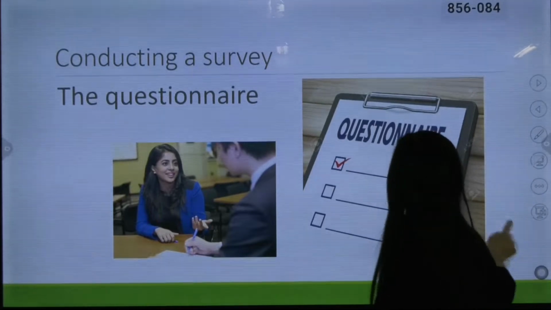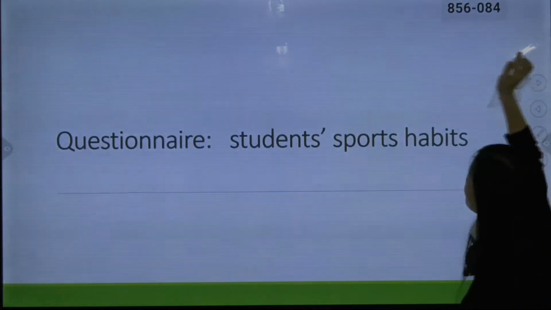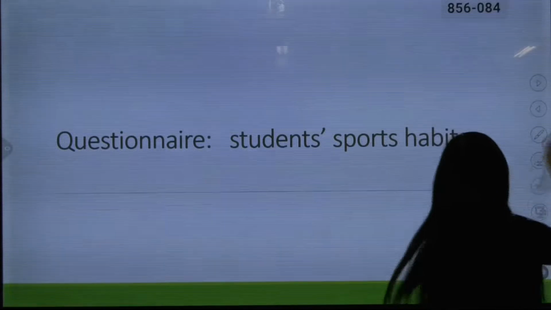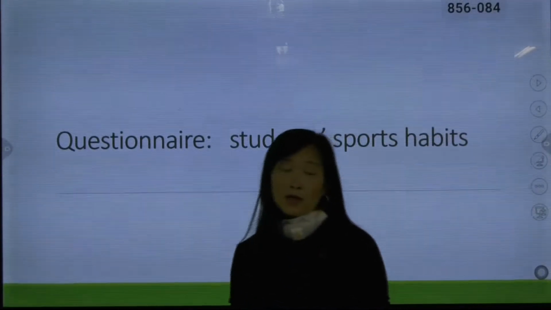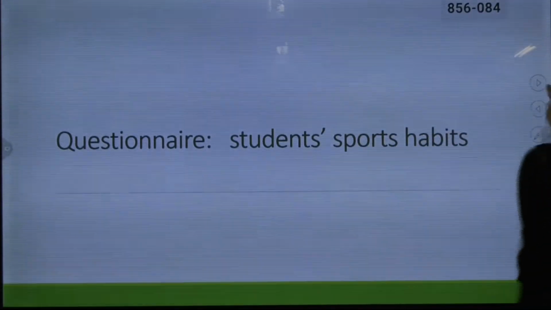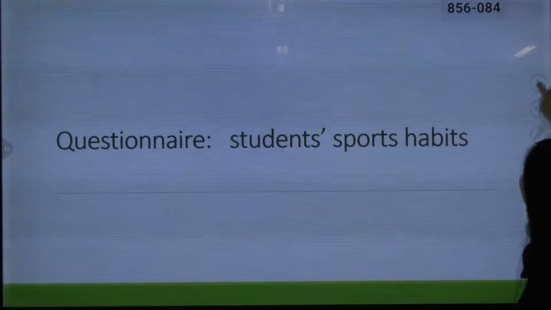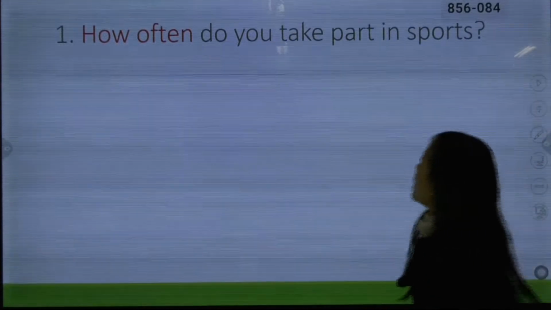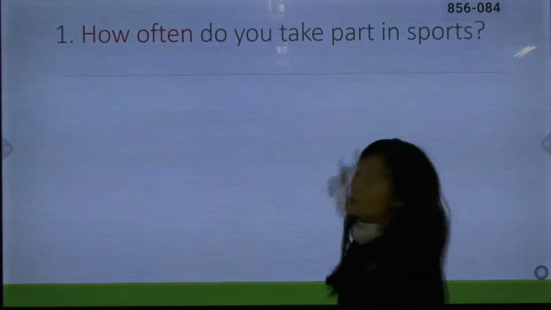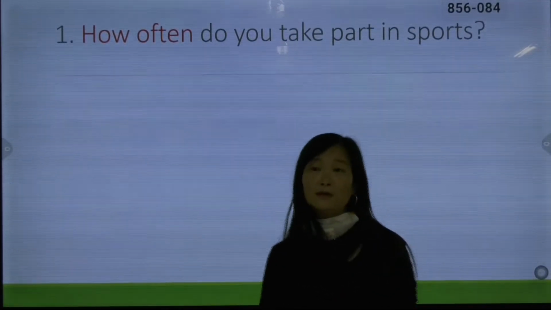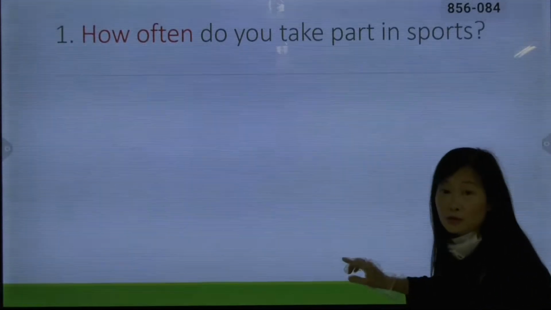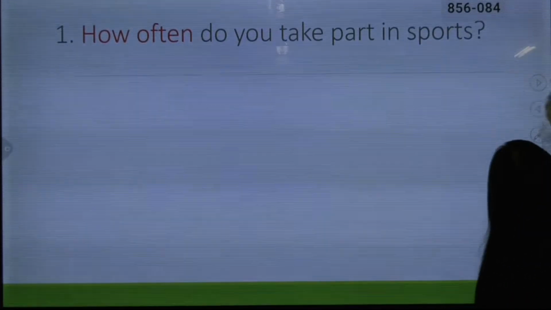So we have a very quick look at our questionnaire. You have the questionnaire already in the Google Classroom. So very quickly we go through some questions together. First one: how often do you take part in sports? How many times do you do that in a week?